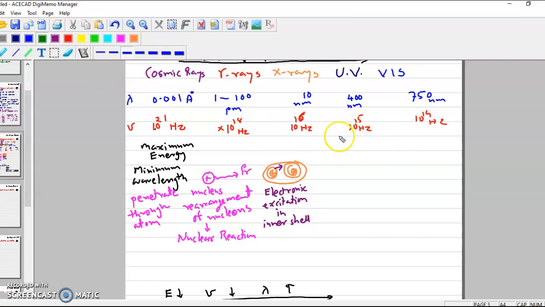The most useful region for us is ultraviolet to visible. Now, what is the basic change that appears because of the absorption of ultraviolet-visible radiation by a molecule? Let us see. This is a molecule which has at least two atoms.